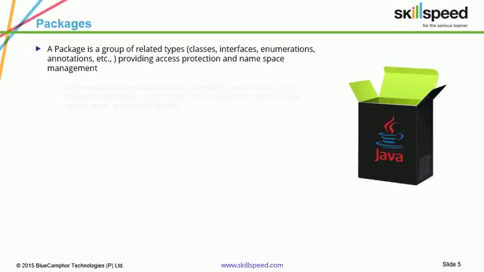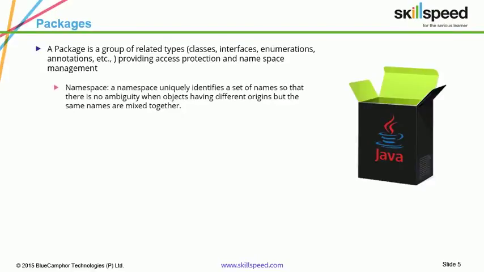Before we talk about namespace management, a namespace will uniquely define or identify a set of names so that there is no ambiguity when objects having different origins but the same names are mixed together. For example, if you have a class of students which contain two people with the same name, there can be ambiguity while calling them.